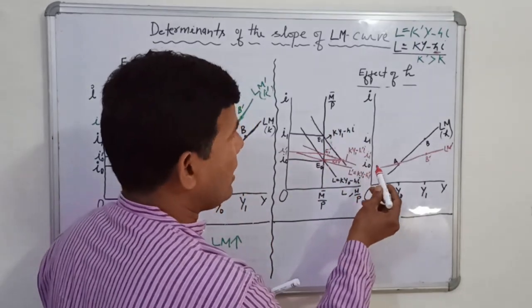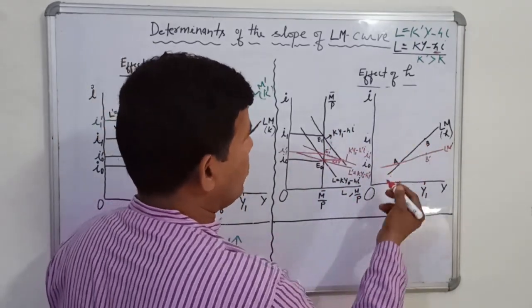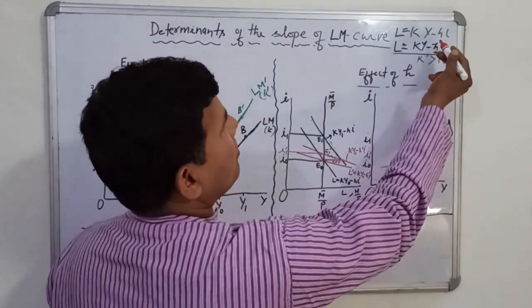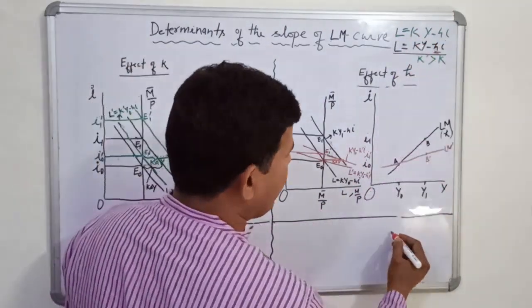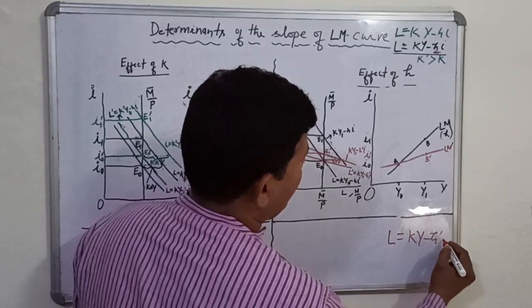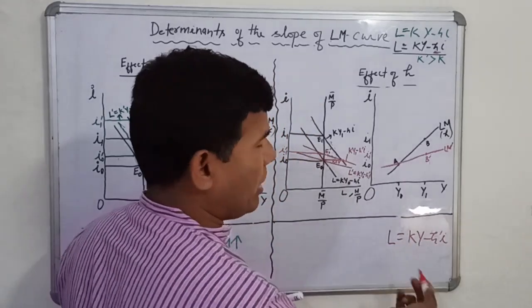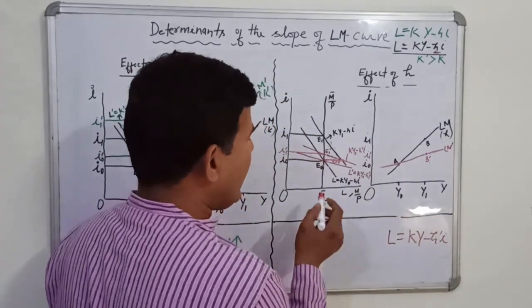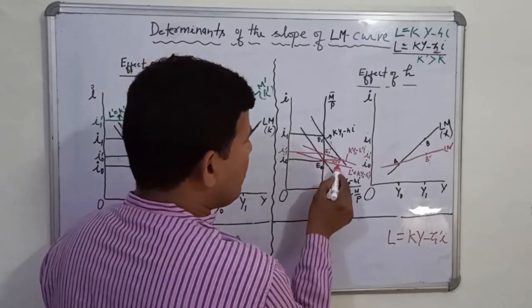So now we get new money demand functions. Here I am writing it: L is equal to ky minus h prime I. So this is your new money demand line. Given this equilibrium level of income y naught, this is the money demand line.